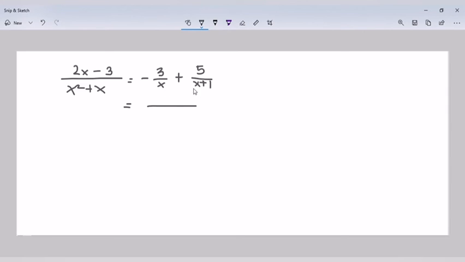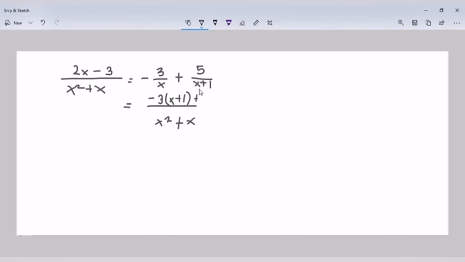Then divide the denominator of each fraction into the LCD. So that gives us x squared plus x divided by x, so that would be x plus 1, then multiply to the numerator, which is negative 3.